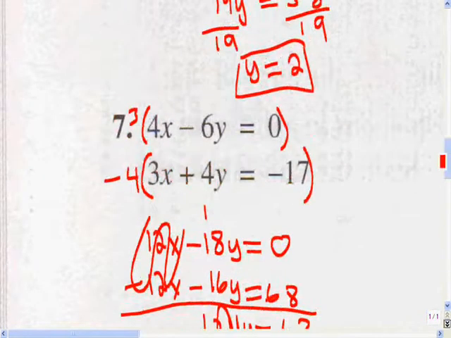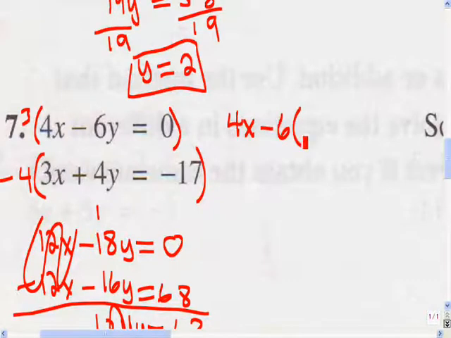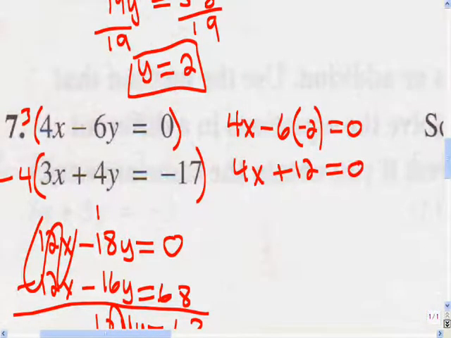I'm going to plug it back into my original equation to figure out what x equals. So I'm going to plug it into this one up here. 4x minus 6 times a negative 2 equals 0. 4x, negative 6 times negative 2 equals a positive 12, equals 0. 4x equals negative 12 because I'm going to take away 12 from both sides.